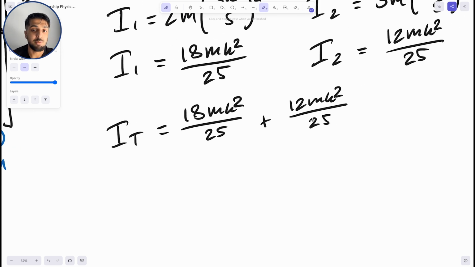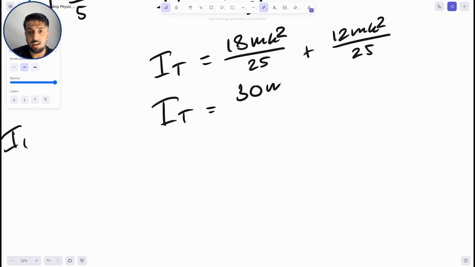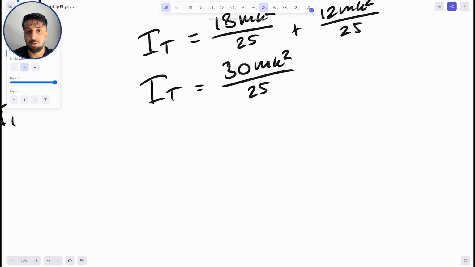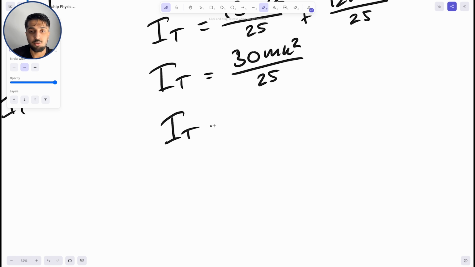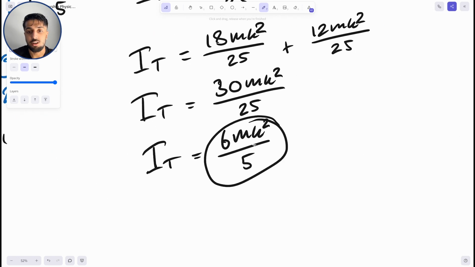As they have the same denominator, we can just add the numerators together, and this gives us I total as 30mk² all over 25. The top and bottom can both be divided by 5, and therefore I total is equal to 6mk² all over 5. And that is the equation that we're trying to find.